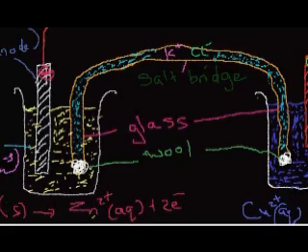We can say that this is an oxidation process, so the zinc serves as the anode. The reaction which takes place in the copper half cell is Cu2+ plus 2 electrons forming solid copper. This is a reduction process, so the copper serves as the cathode.